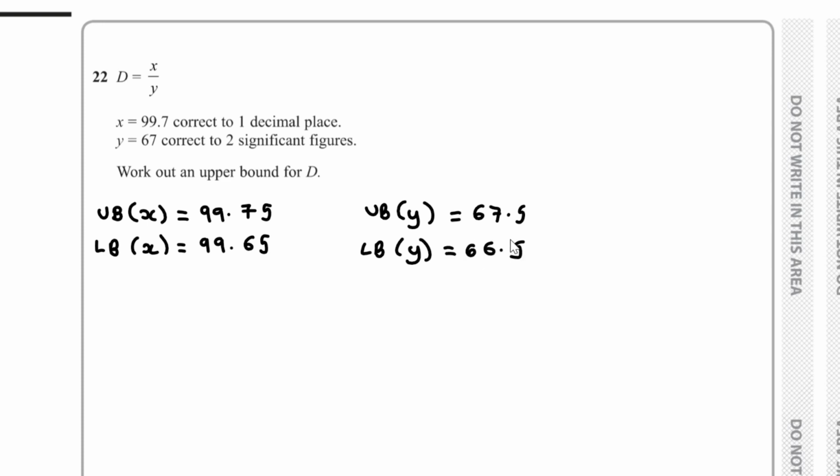When we come to work out the upper bound of D, we want D to be as big as possible, so we want the largest value on the top and the smallest value on the bottom.